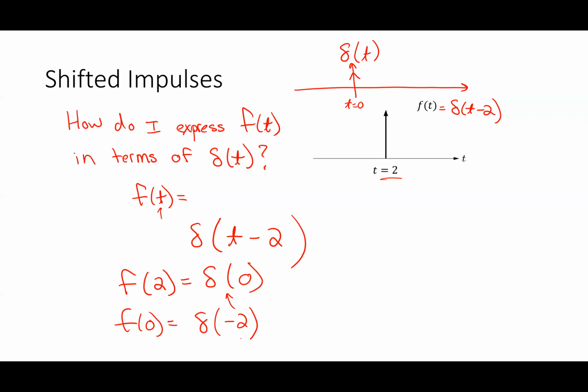And what is delta of minus 2? What is the delta function at t equal to negative 2?